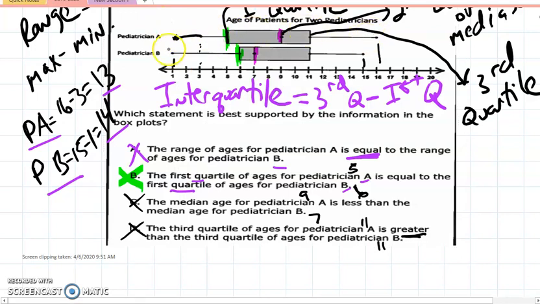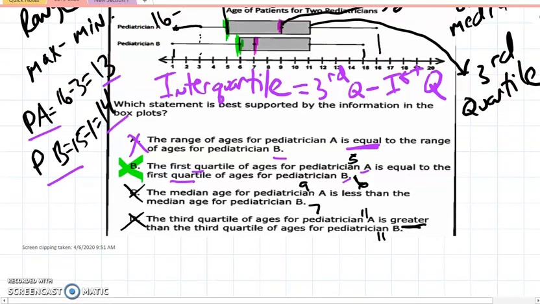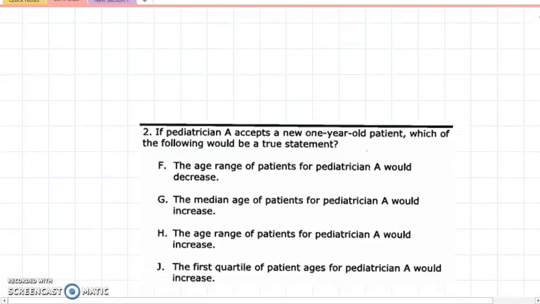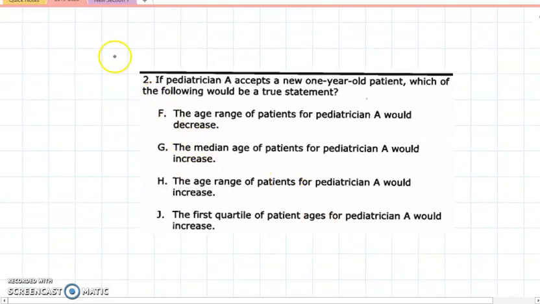What's going to change is the range. How does the range change? Now the minimum is 1. Instead of 16 minus 3, it's going to be 16 minus 1. So the range is 16 minus 1, which is equal to 15.